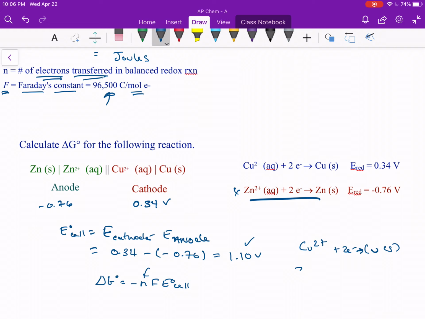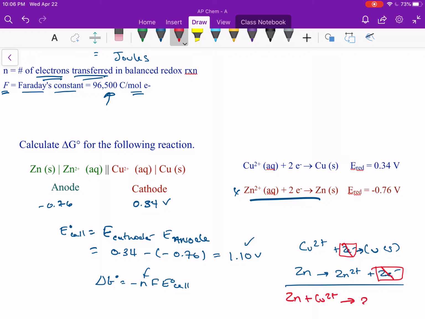That gives me Zn going to Zn2+ plus 2 electrons. I don't have to multiply them by anything, because the top one has 2 and the bottom one has 2. Those 2 would cancel out. So when I add these together, I get Zn plus Cu2+ going to Zn2+ plus Cu. And the n that I would use over here is n equals 2, because that's what I had to cancel out there.